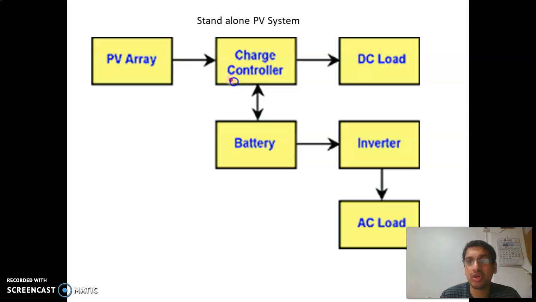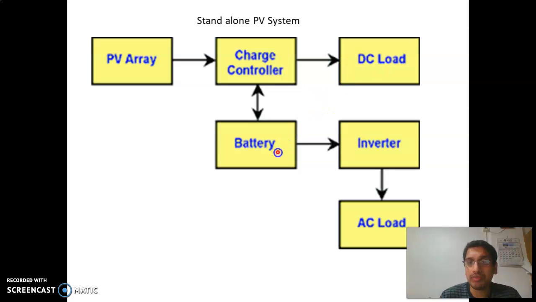So the next block is the charge controller. The charge controller regulates the voltage output from the PV array and it charges the battery. Battery is nothing but a device which stores the electrical energy. And suppose the system is connected to a DC load, we can directly energize the DC load from the charge controller.